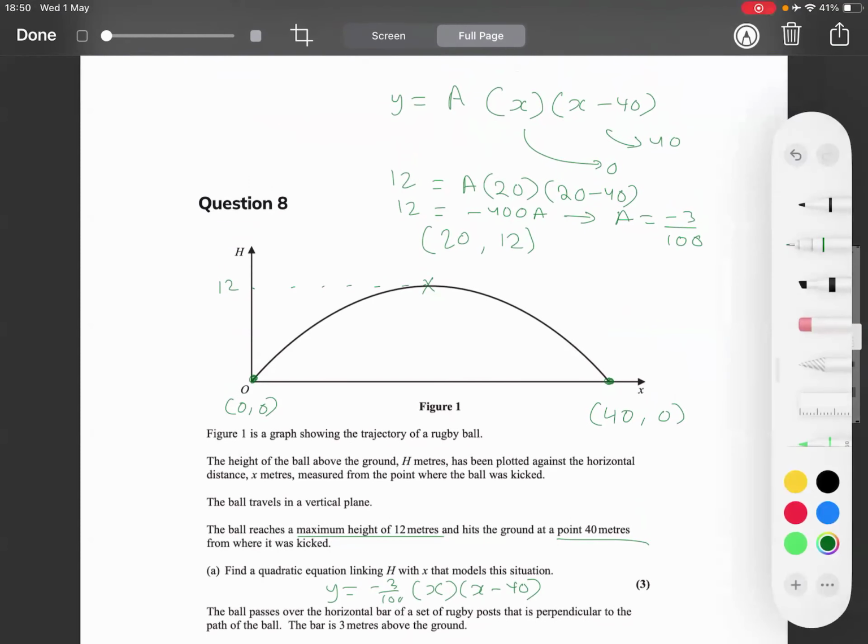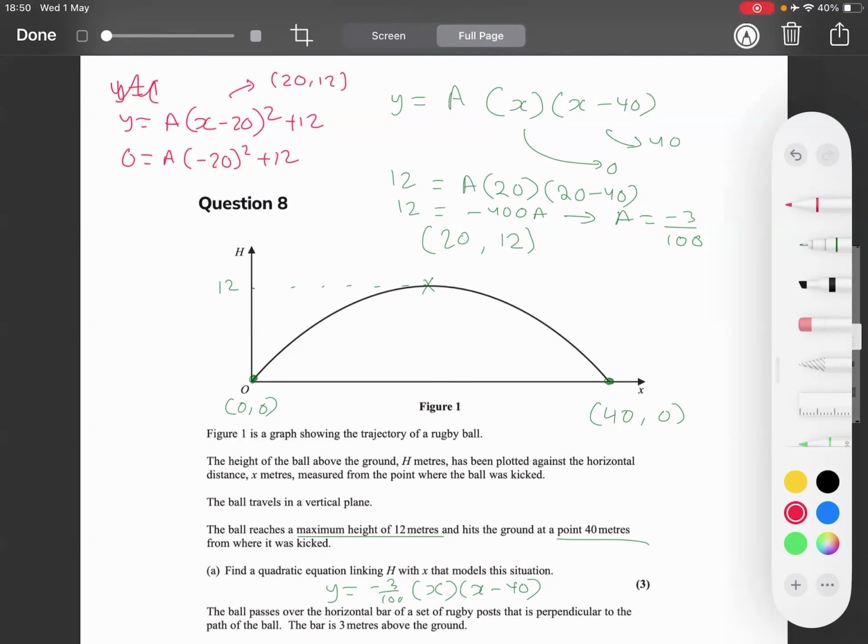If we wanted to, we could have also written y equals a times x minus 20 squared plus 12 and worked it out that way. So we could have subbed in 0, 0. 0 equals a times minus 20 squared plus 12, because from here we know the turning point is 20, 12.